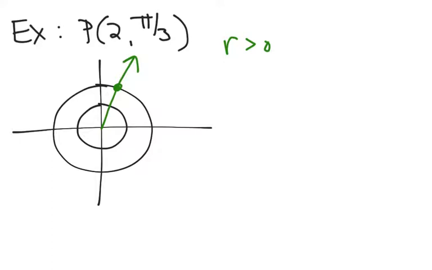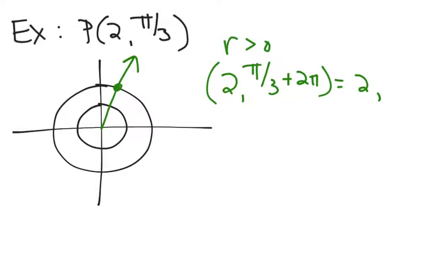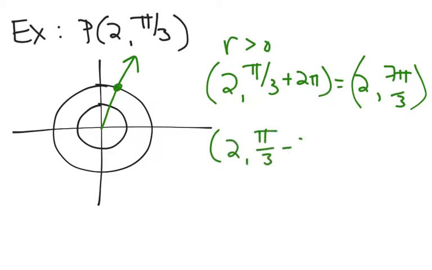If I were to take that point and go around in a full circle in the counterclockwise direction, I would end up at 2, 7 pi over 3. Or if instead I had decided to go in the negative direction, I would have ended up at 2, negative 5 pi over 3.